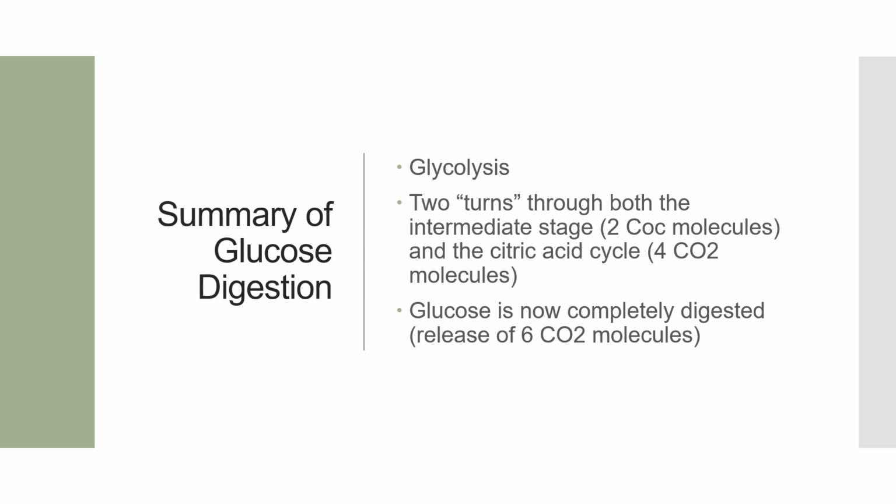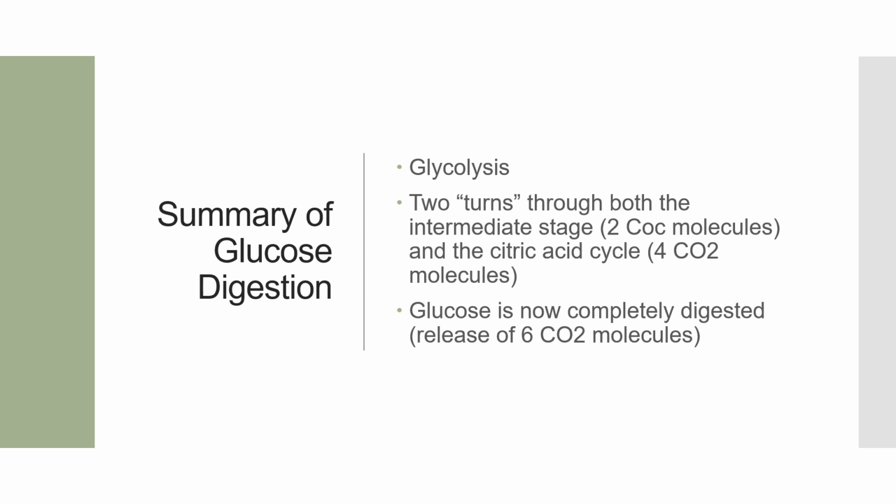Electron transport chain and oxidative phosphorylation. High energy electrons carried by NADH and FADH2 are passed along the electron transport chain. The transfer of electrons produces a large amount of ATP through oxidative phosphorylation. Oxygen is required for this process. Water is formed as a byproduct.